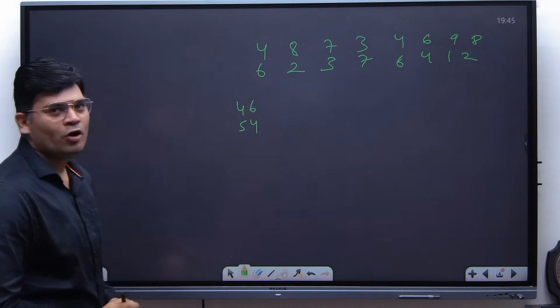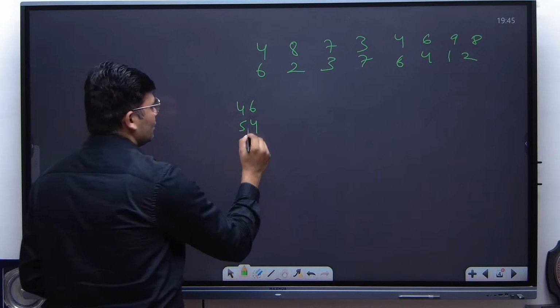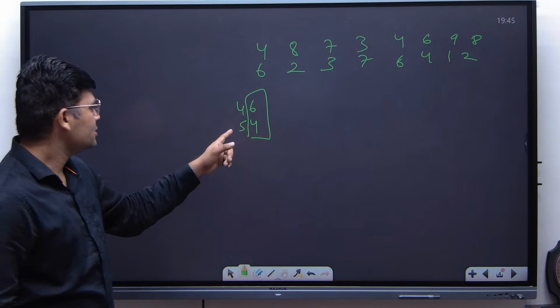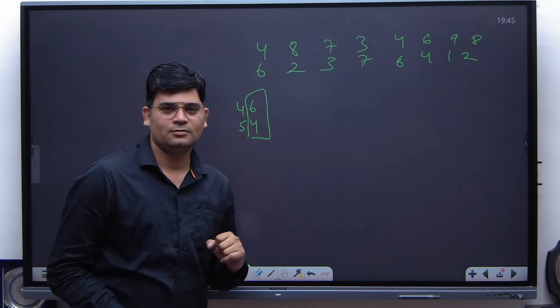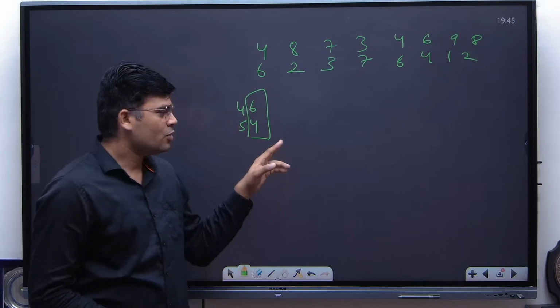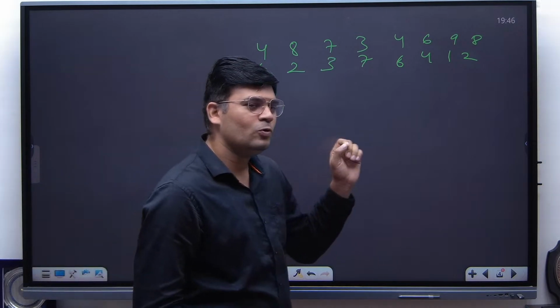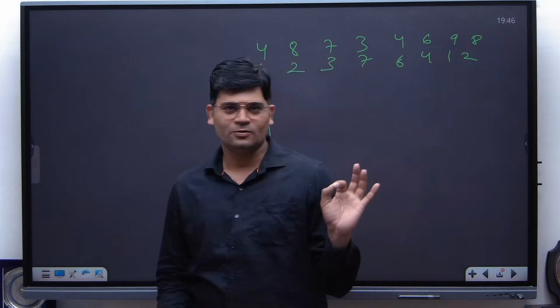The trick is that this number you have to make 10, and this number you have to make 9. Why 9? Because this is going to be 1 carry, and the time now given will be only 2 seconds, not more than 2 seconds.